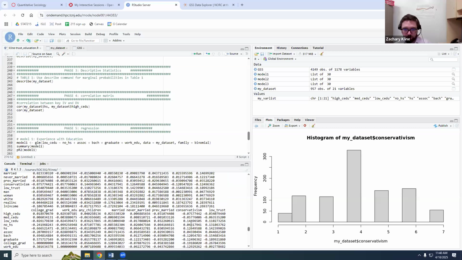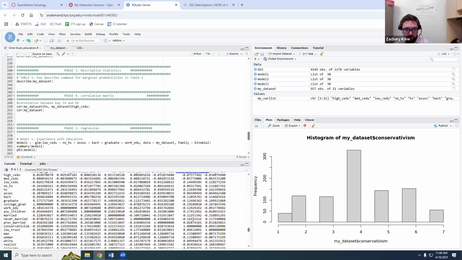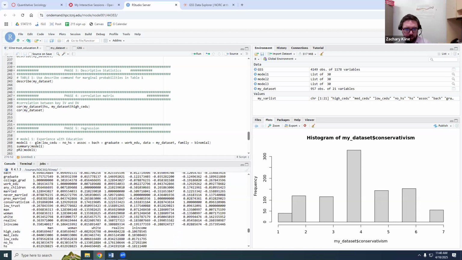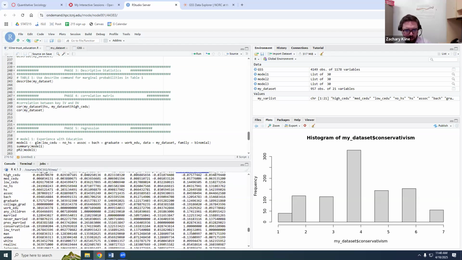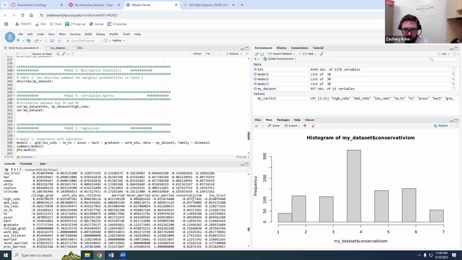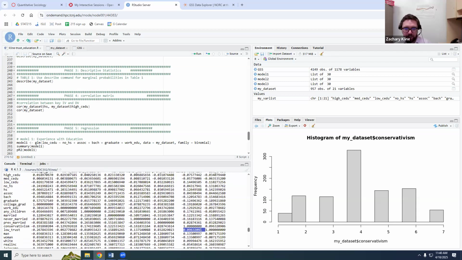In other words, we'd want to see if there's a correlation between conservatism and low trust, which would be here and here. So actually, there's not a very high correlation between conservatism and low trust. In other words, conservatives are more likely to have low trust, but it's not super highly correlated. So both of these effects are likely independent effects.